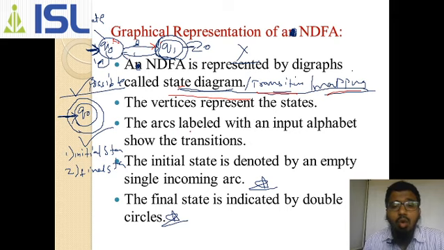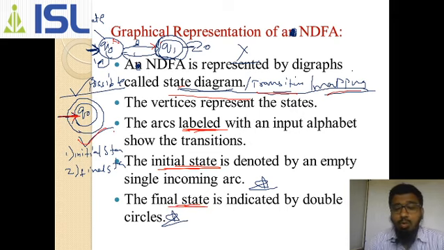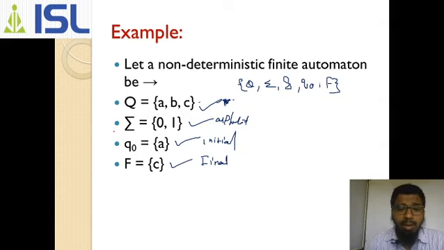Okay, that is called labeled. The initial state is marked with a single incoming arc. The final state is a double circle. So we took the example, where we had Q, sigma, q0, F.